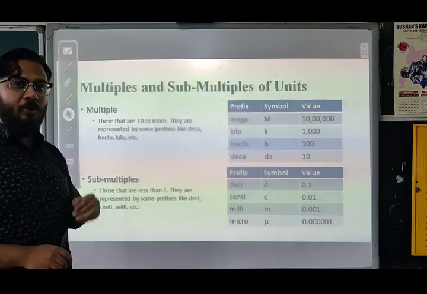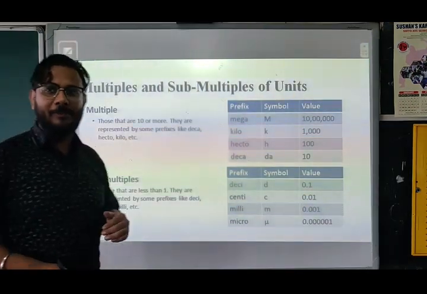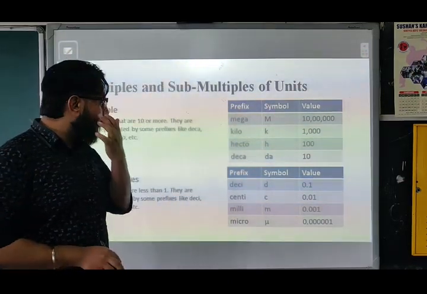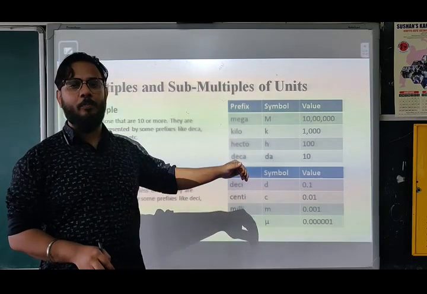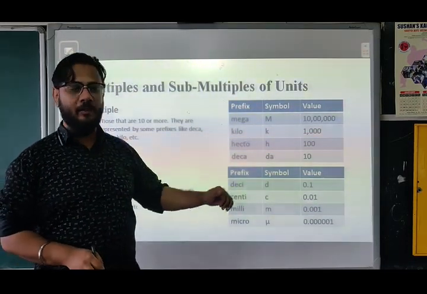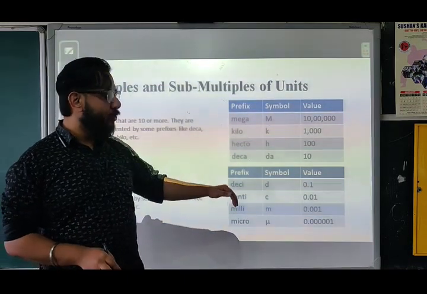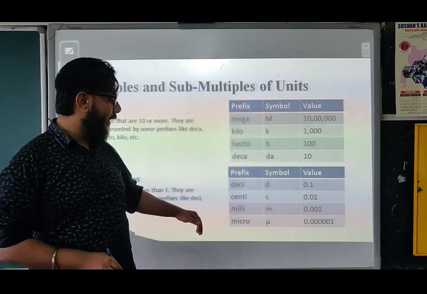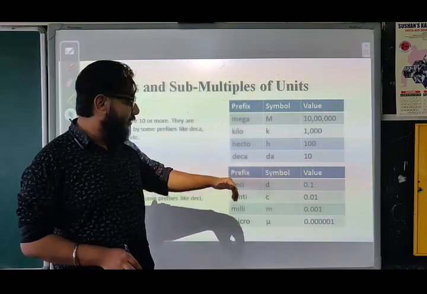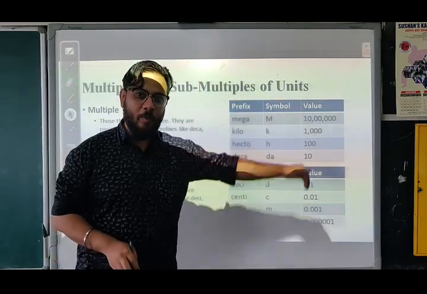Now we move on to submultiples. Submultiples means anything that is less than 1. For example, deci is 0.1. Centi is 0.01. Milli is 0.001. Micro is 5 zeros and then 1, that is 0.000001.